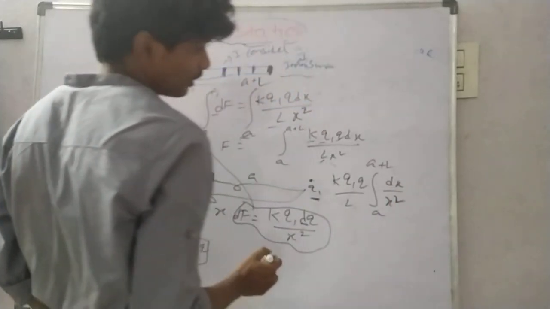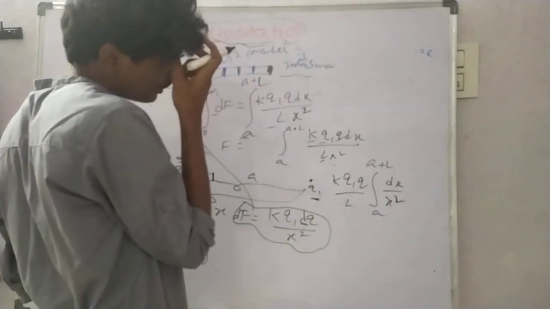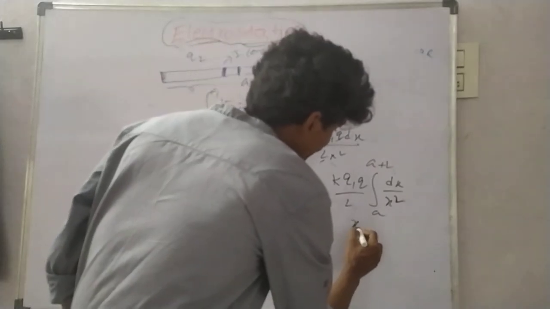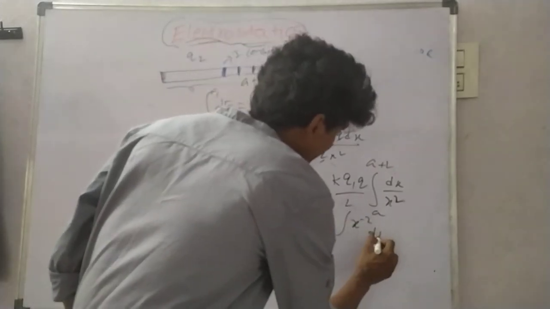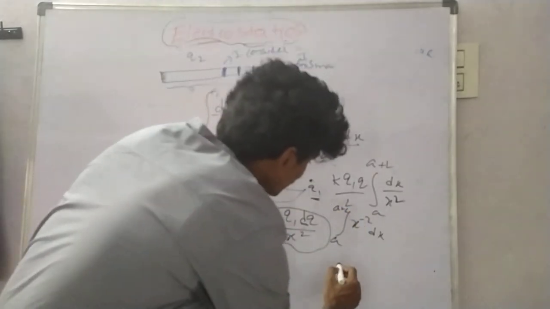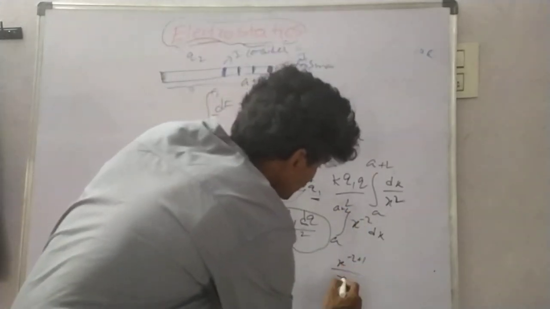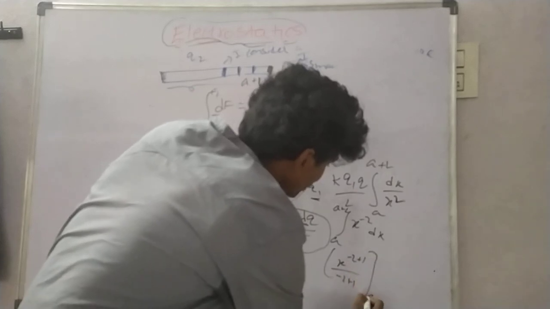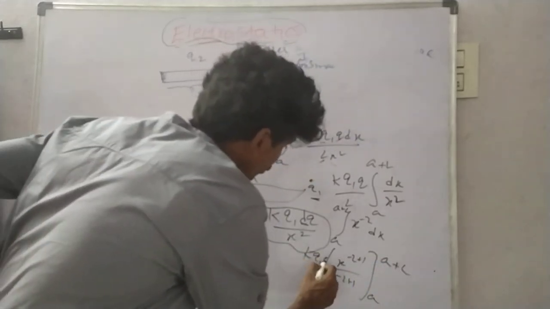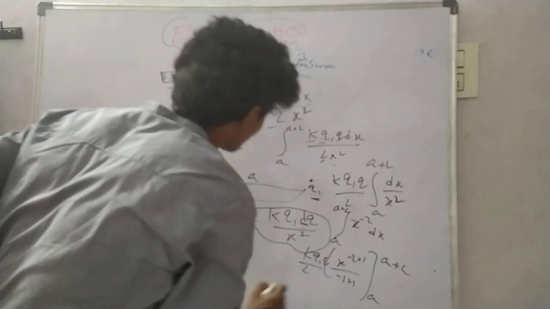But what is the integral of this? It is the integral of x power minus 2 dx from a to a plus L. The integral of x power minus 2 is x power minus 2 plus 1 by minus 2 plus 1, by applying limits a to a plus L, and writing it as k q1 Q by L.